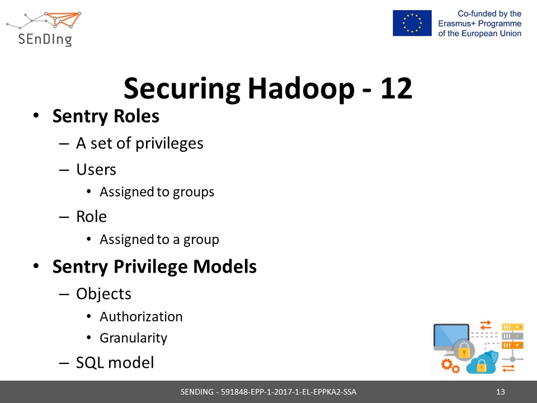Regarding Sentry's SQL privilege model, since that's what Sentry uses for Hive authorization, Sentry provides the select, insert and all privileges for SQL access. The SQL privilege model is hierarchical, which means that if you grant select privileges on a table, implicitly you're also granting privileges on any view based on that table.